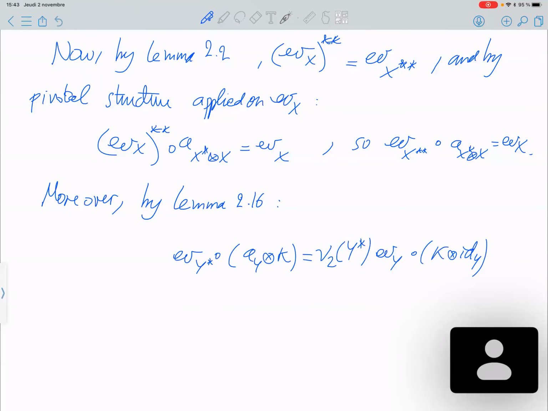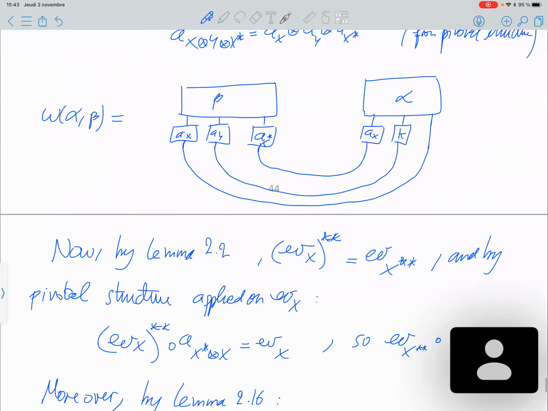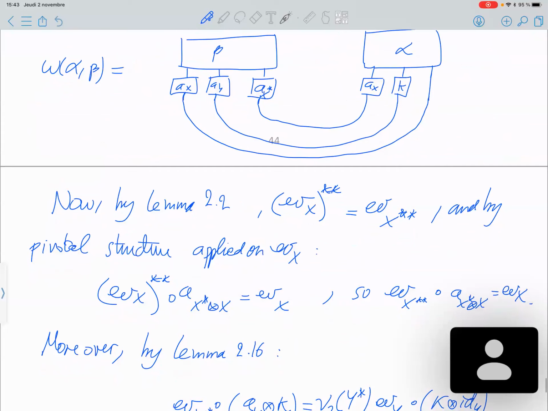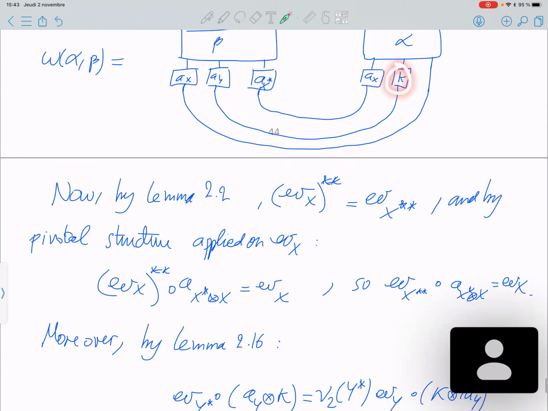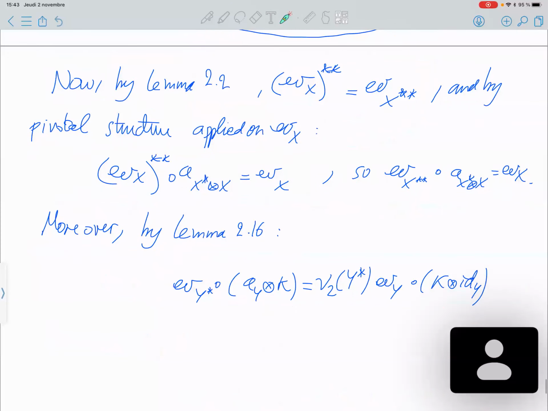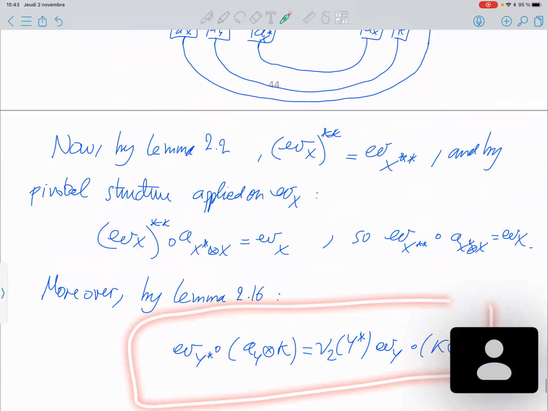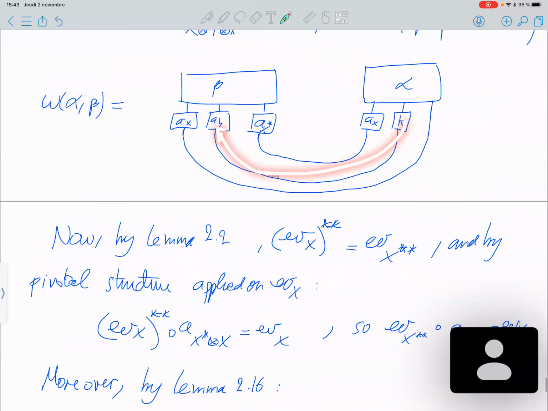So what is this just saying? This is just saying that you can replace this part just by putting the kappa here, so nothing here, and kappa here. This is exactly what this formula is saying. There is nothing else. So you can move the kappa from right to left.